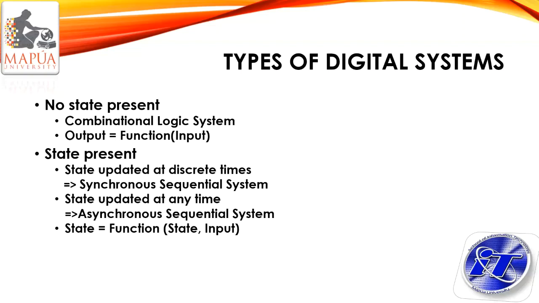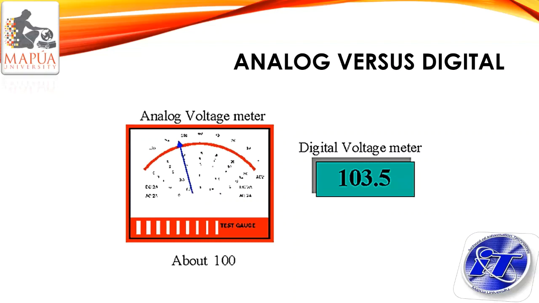Okay, so now let's proceed in differentiating analog from digital. So let's have this example. We have two types of voltage meter, analog and digital voltage meter.